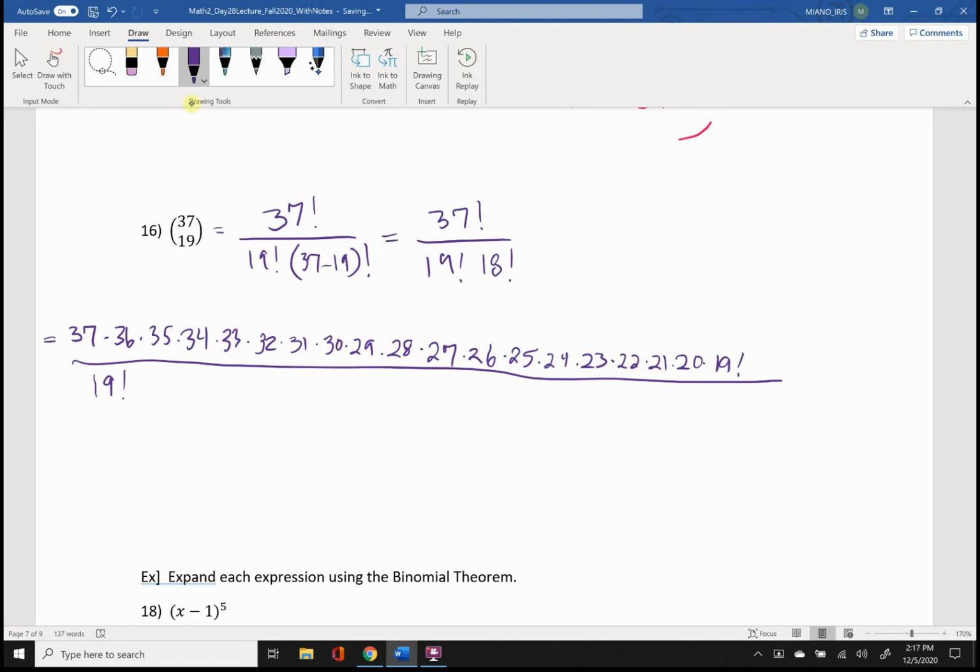So go ahead and say that it's got 18 times 17, 16, 15, 14, 13, 12, 11, 10, 9, 8, 7, 6, 5, 4, 3, 2. I know the last factor of 1 is technically not necessary, but it's just expanding it all the way out.